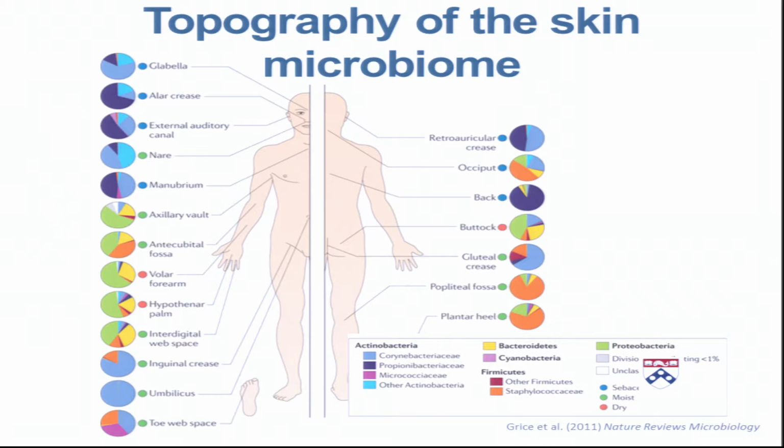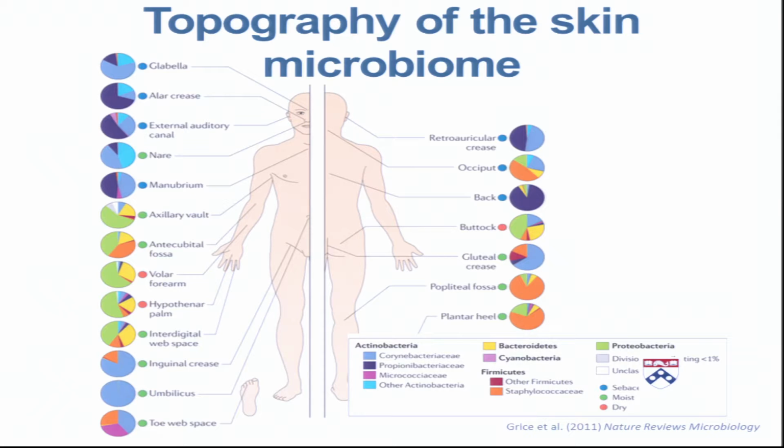For example, the areas that are very oily, such as on the face, the chest, the back, you see a lot of this blue color, the very dark blue, which is a bacteria called Propionibacterium acnes. And this is a unique bacteria in that it can metabolize some of the components of sebum, the oily substance on our skin.